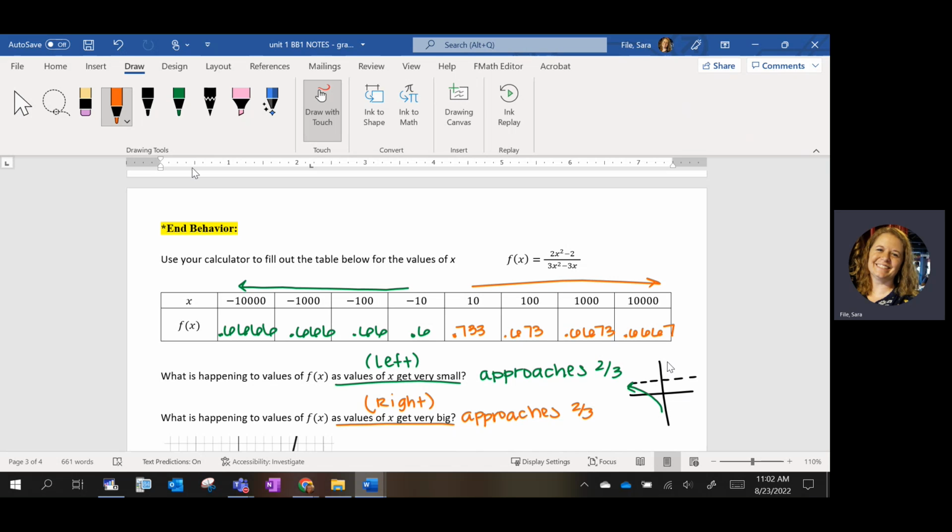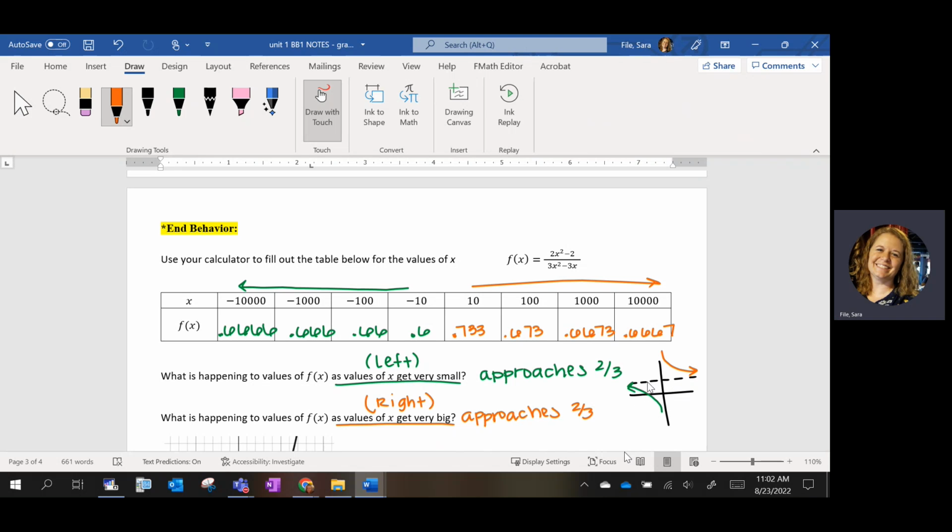It's coming down to 2/3, so it's approaching from over here like this. So what is happening at 2/3? What is that? Yeah, it's an asymptote. Okay, so the ends of my graph for this example happen to be approaching an asymptote at 2/3.